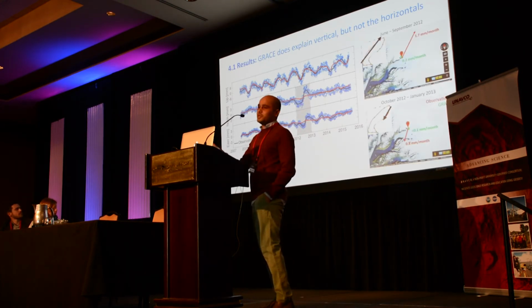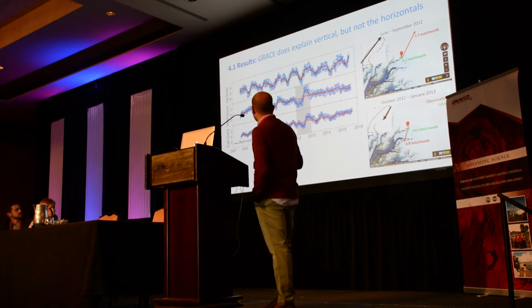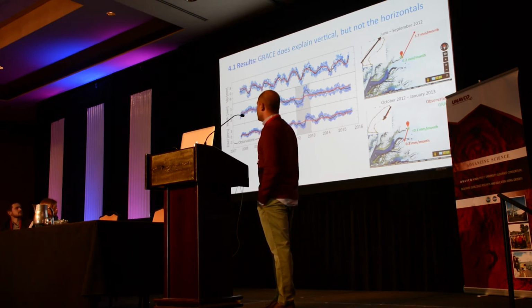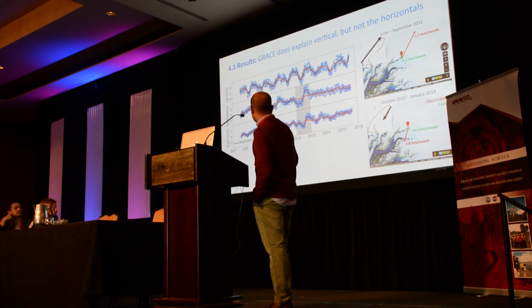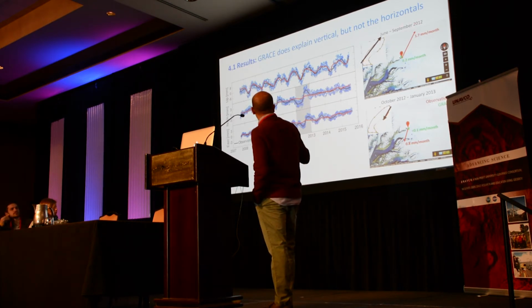how much GRACE can explain the horizontal crustal displacement, let's just focus on the most interesting signal, which happened in 2012. For the four months in summer, from June through September, the measured data shows that the GPS was heading this way by about this particular rate.